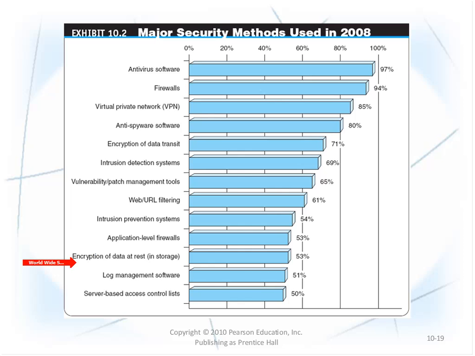These are the security methods used to prevent or to fight the already mentioned attacks, of which the most important one is antivirus, followed by firewalls, and then followed by VPNs.